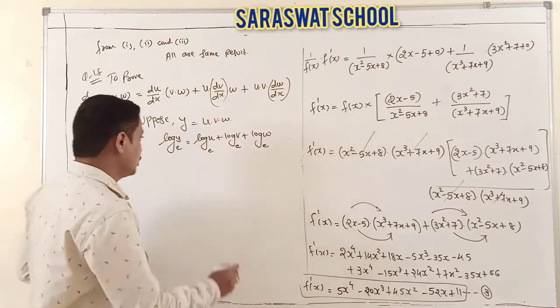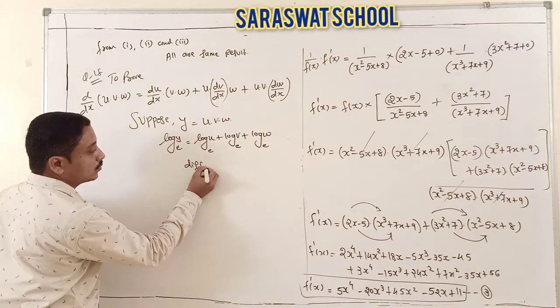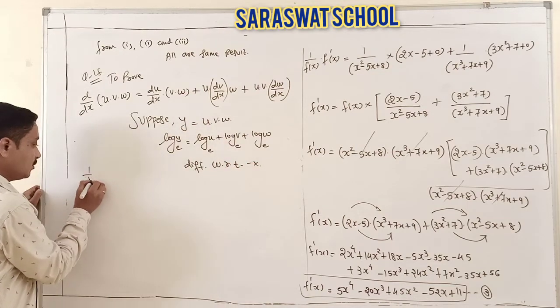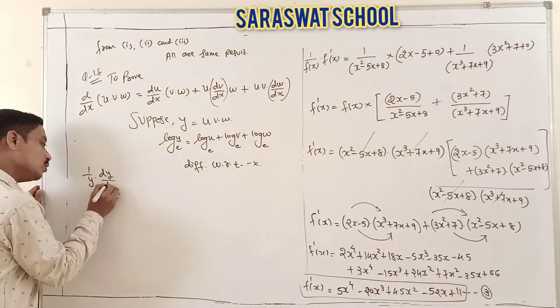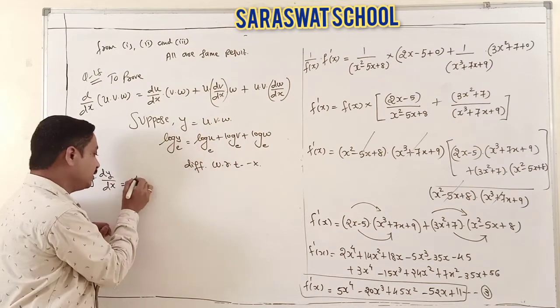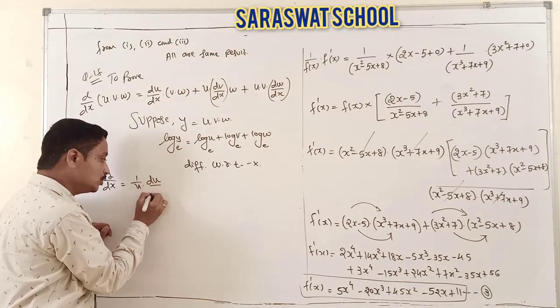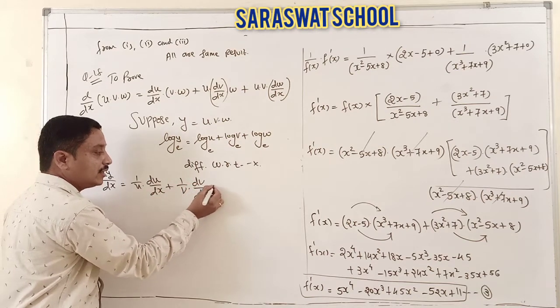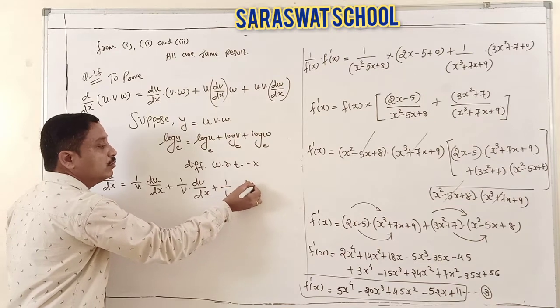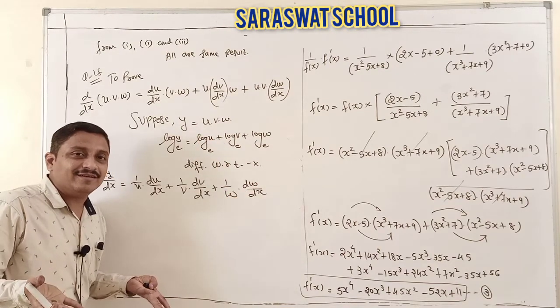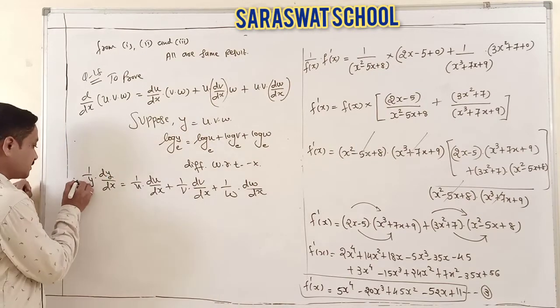Yes. So differentiation with respect to x. Here 1/y derivative dy/dx. Now what is the log u derivative? 1/u du/dx, 1/v dv/dx, 1/w dw/dx. This is easily done. Only y take upside, students.